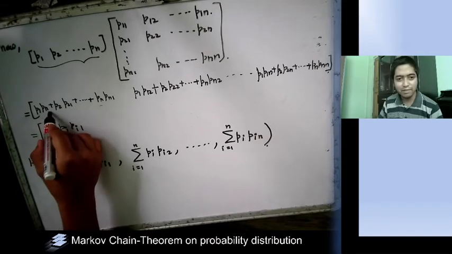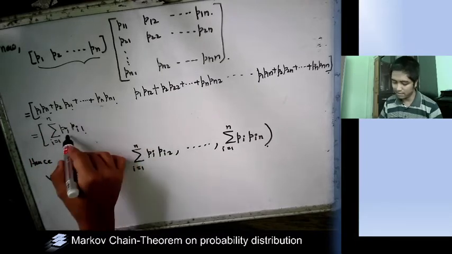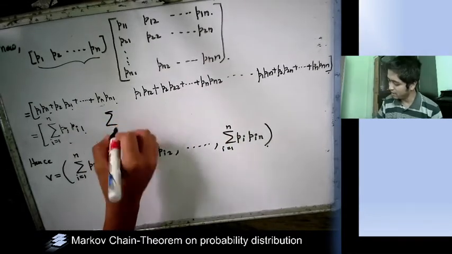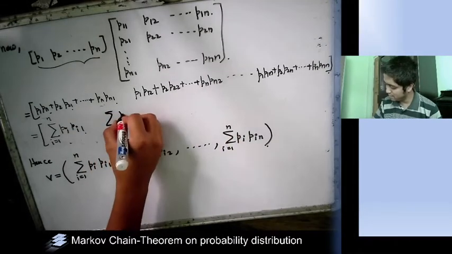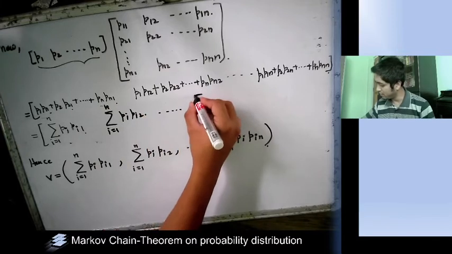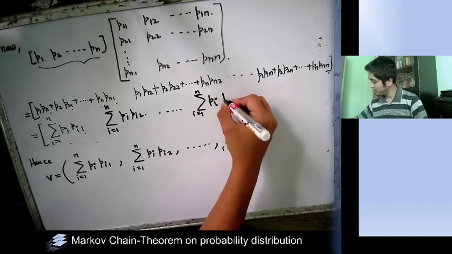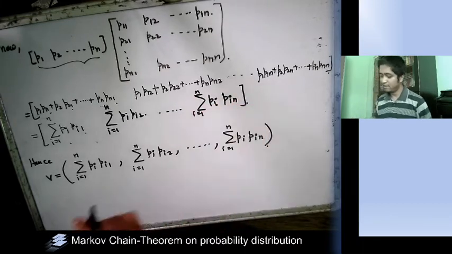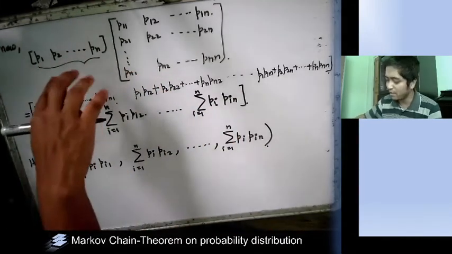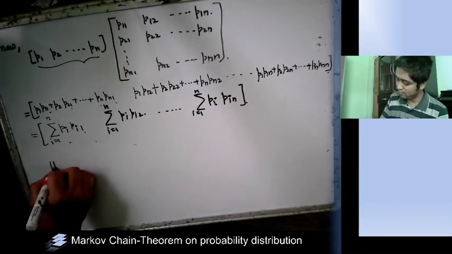Because if you see over here, this last entry remains as 1, that's why we have P1 P1n. Similarly, the second entry relates to the summation of pi pi2, and it goes on like this, up to the summation from i equal 1 to n of pi pin. So what can we say from all of this? We have calculated V separately, we have calculated P separately, and we see that they are equal.